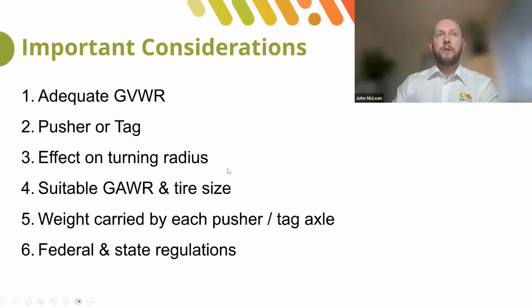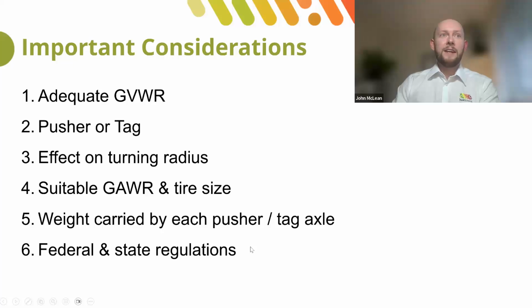Your choice will be driven by the application and the regulations under which the vehicle will operate. To get the optimum balance of weight over the axles, you should test a few scenarios to work out how much weight each pusher or tag axle needs to carry and how to set up the air pressure in the suspension to achieve the required weight.